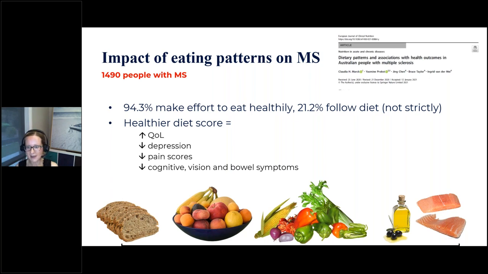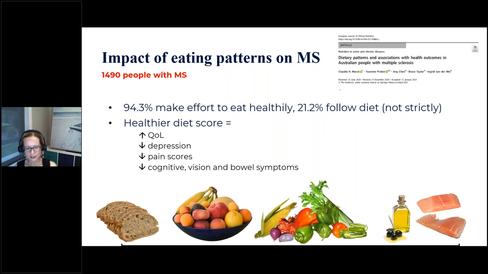And again, a proportion of people, almost 1 in 5, do follow a diet, but not necessarily strictly follow a diet. So they might be following a modified version of the OMS, or they might be just cutting out certain things that they know has a bit of a flare up for them.